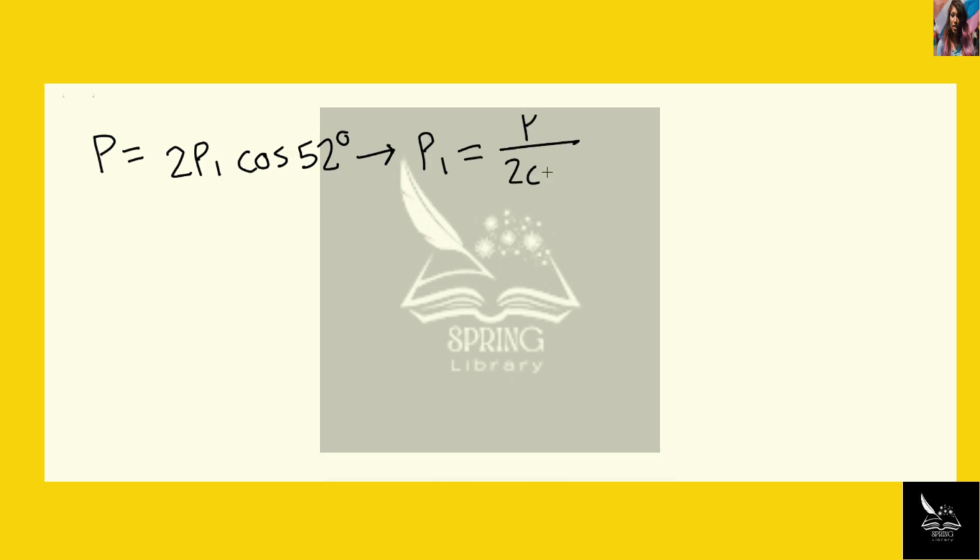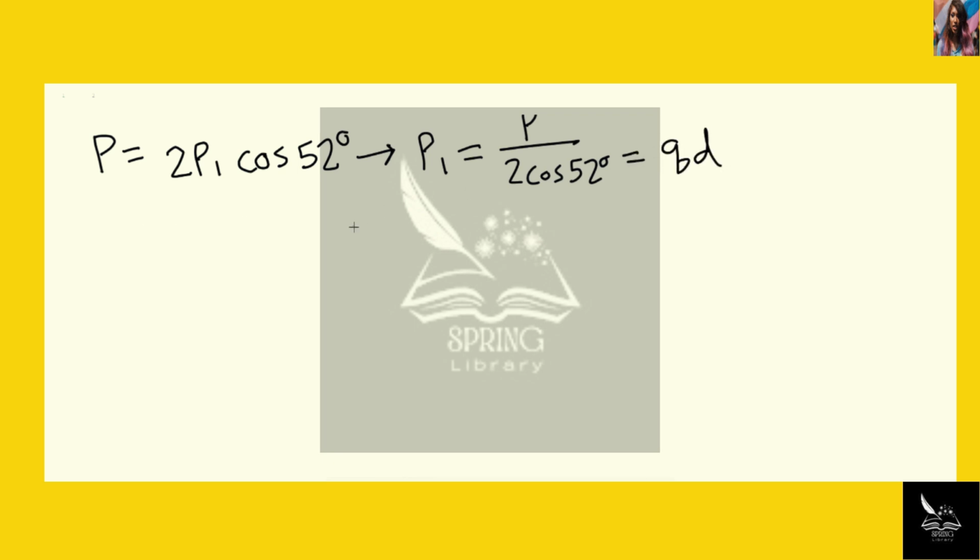So to start us out, we could say that the total dipole moment is equal to 2 times one of the dipole moments, P1, cosine of 52 degrees. Thus, P1 is simply P over 2 cosine 52 degrees, which is itself equal to QD.